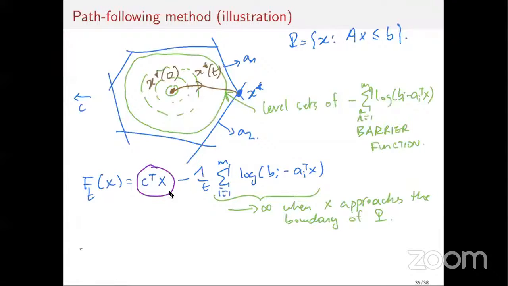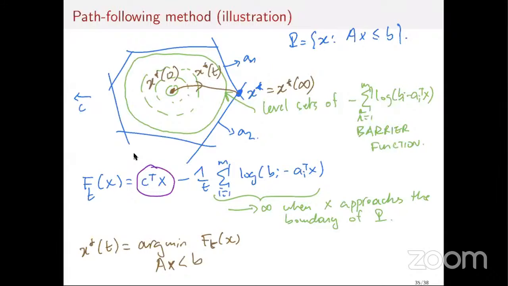Okay, x star of t is really the argmin of f_t of x on the domain of f_t, which is the set of x such that Ax is strictly less than b. Okay, so I hope this makes sense. And this is equal to x star at infinity, because when t goes to infinity, the 1 over t term will go to 0, and you will just recover the linear function.